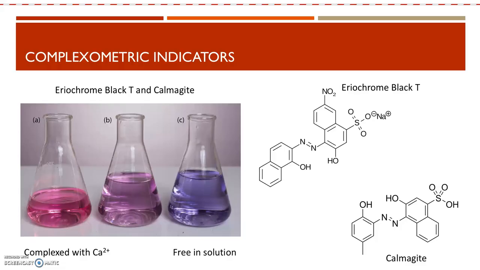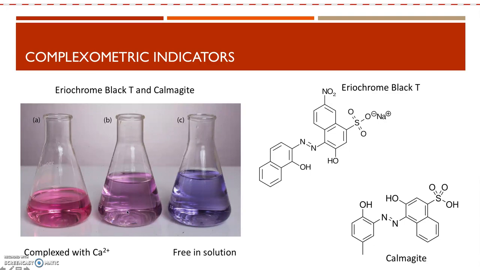The complexometric indicators that we would be using would be something like Eriochrome Black T or calmagite. These two indicators are the molecules, and this is what they look like in solution. When the indicator is complexed with calcium and you haven't added any EDTA yet, it looks like a pink red wine color. When you get close to the equivalence point or the end point, it turns purple.